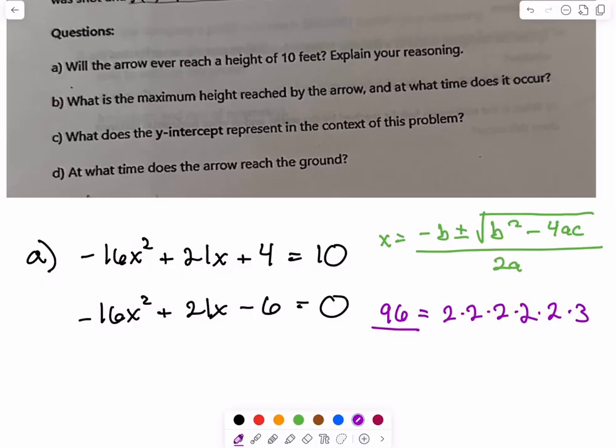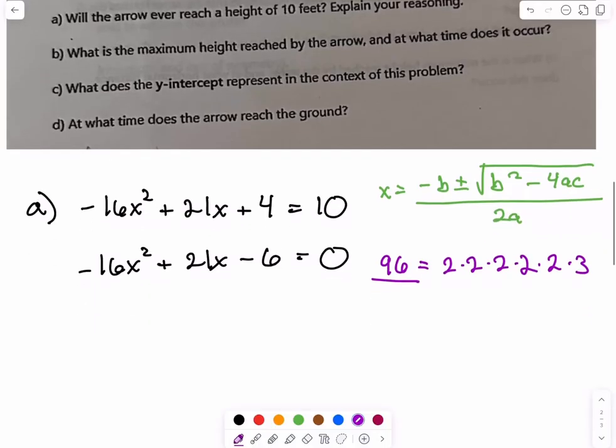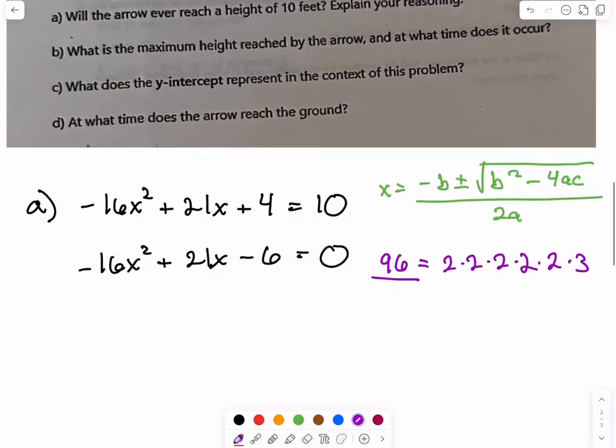I'm going to go through all the factors of 96 and stop at the line that adds up to 21. I'm not seeing anything though. 21 is 7 and 3. So none of these combinations will get us there.